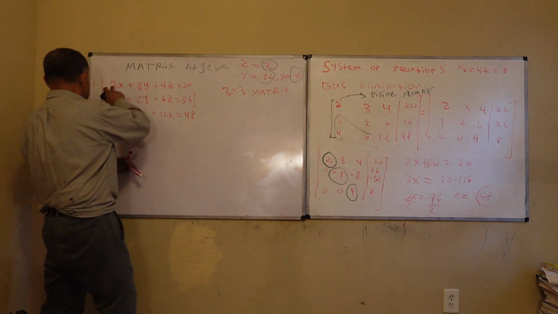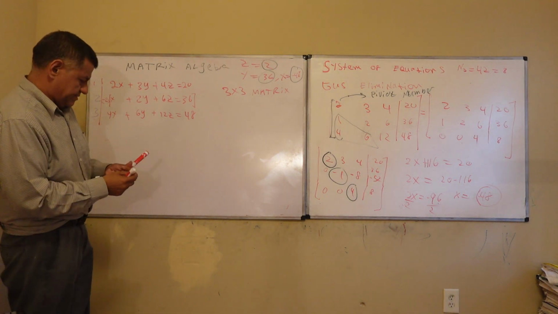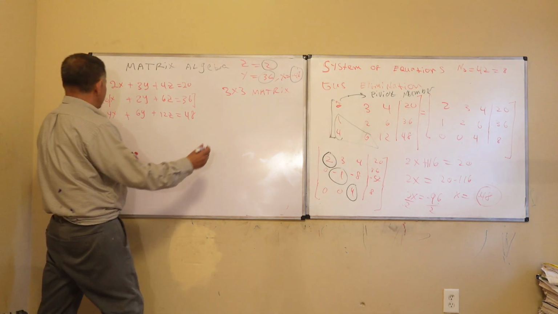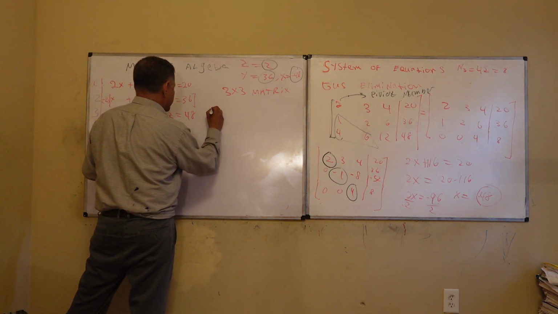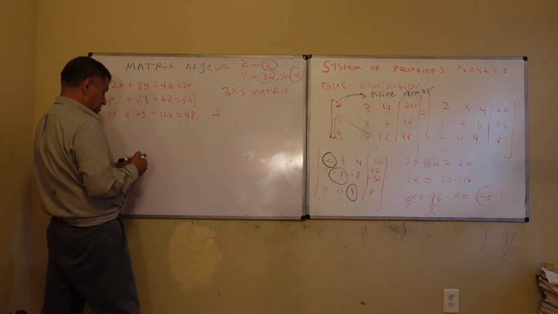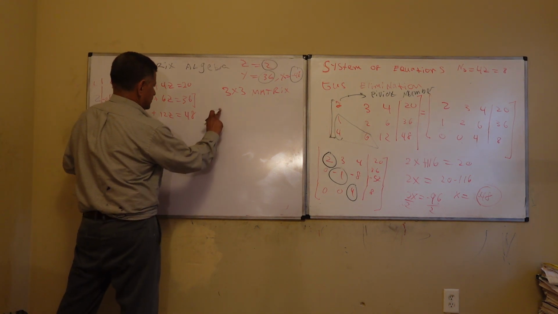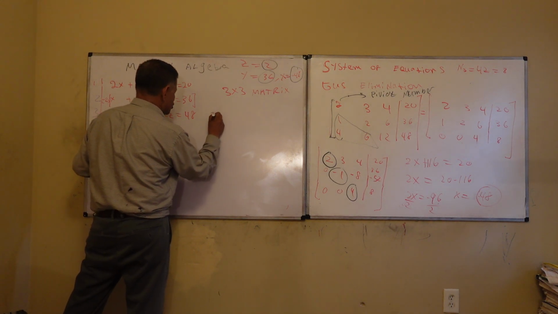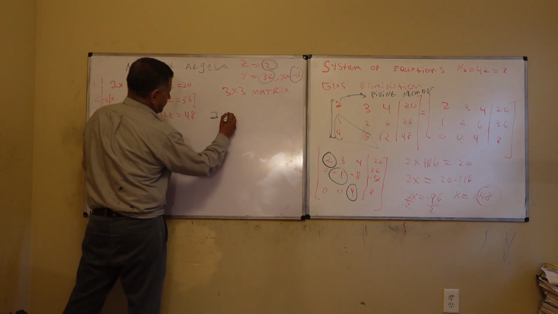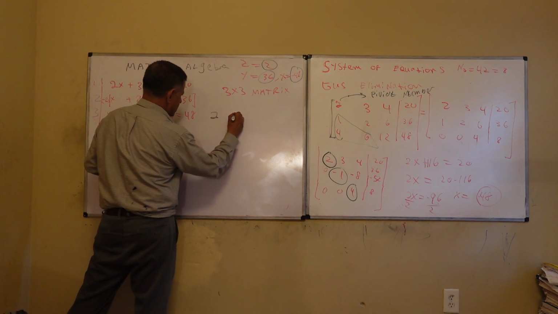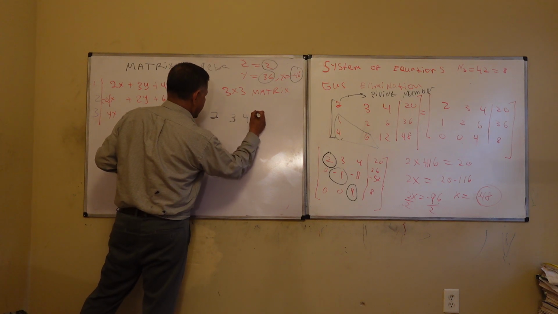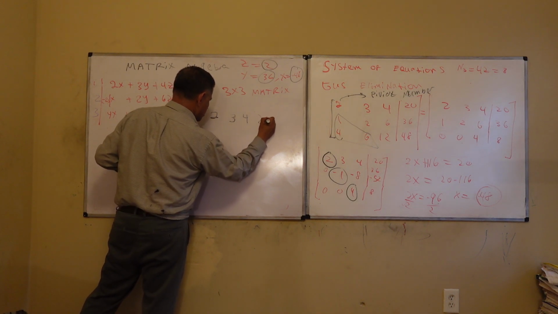to get rid of that 2. Now, so let's do this. So let's see. 2, right? 3, 4, and then 20 this side.